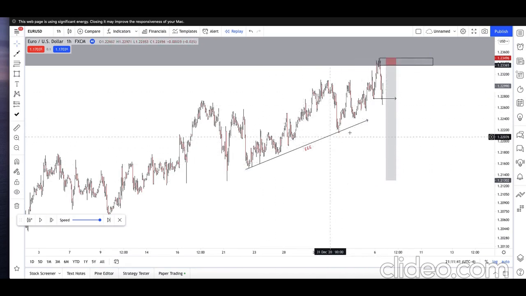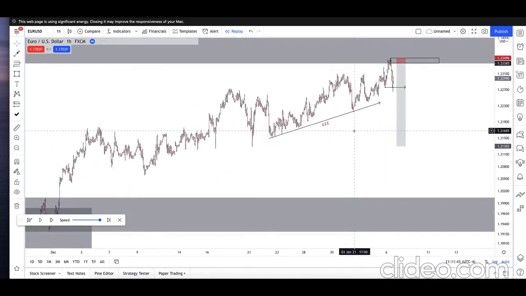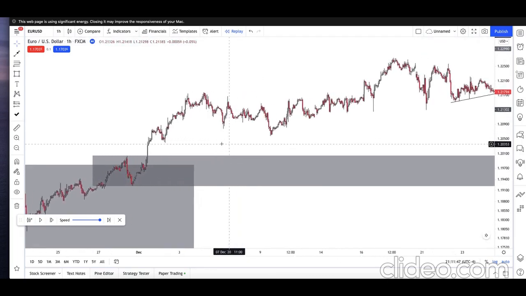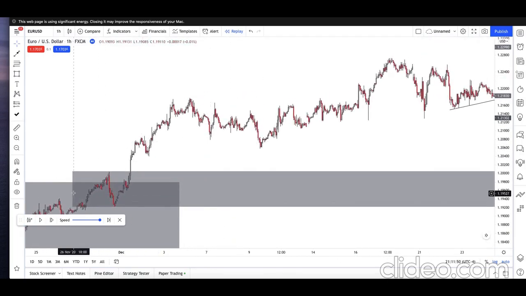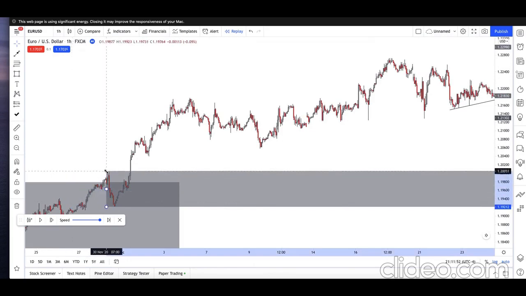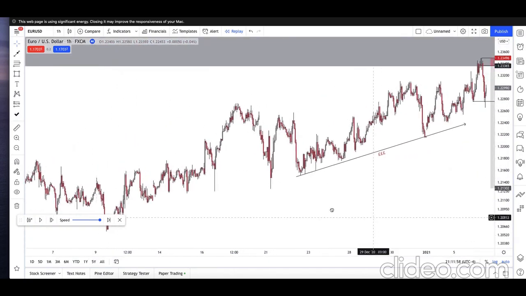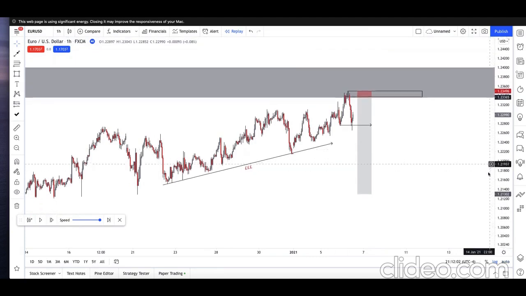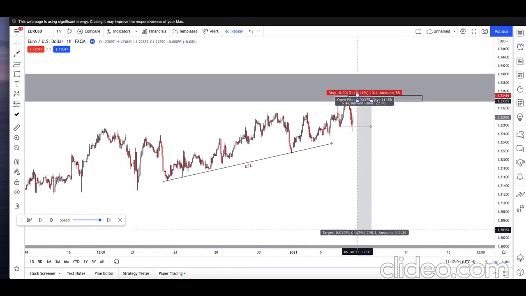We have some sell side liquidity here, and we have some imbalance at this point over here. So now when it comes to setting our TP, you can either TP here or TP here, but I'll be taking profit at this point here to be safe, right? So now we're shorting off of that 15-minute supply that we have marked out, and we'll be targeting that imbalance down over here.